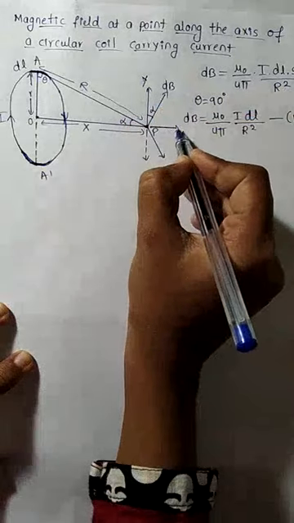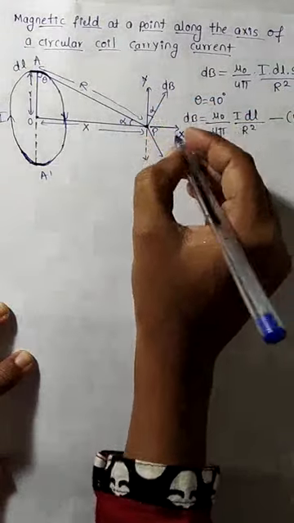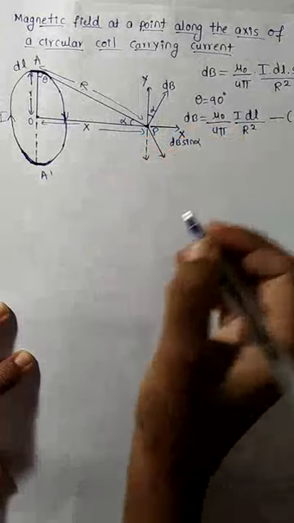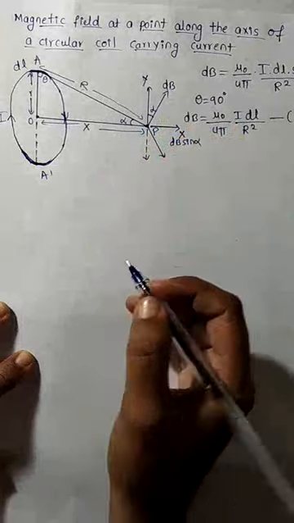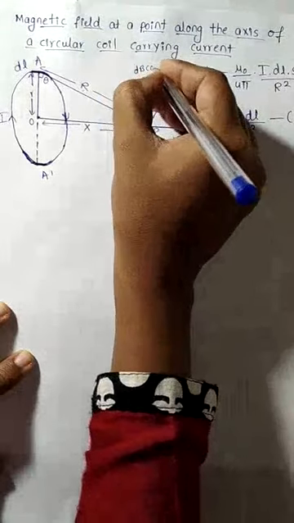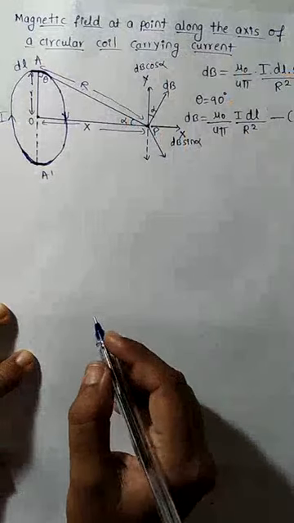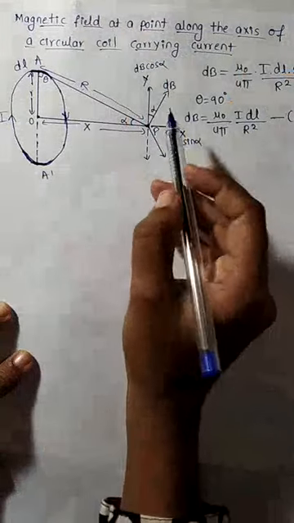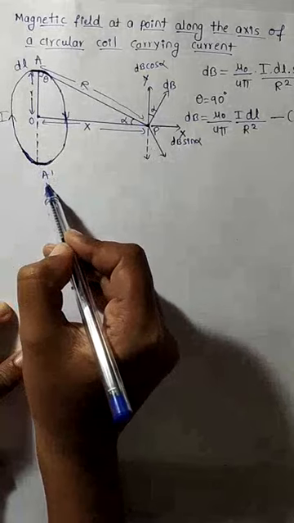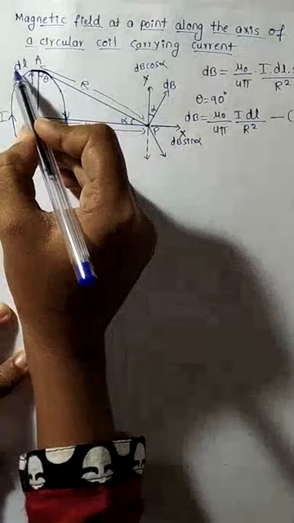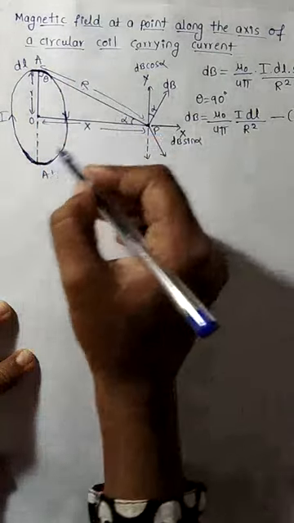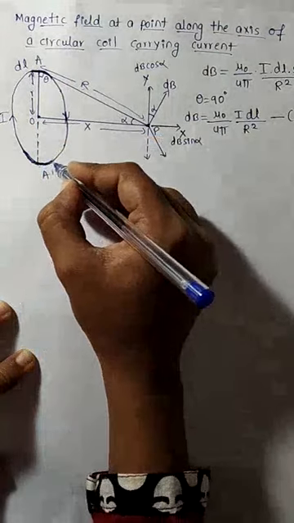Along the x axis, its value becomes dB sin alpha. And along the y-axis, its value becomes dB cos alpha. That is dB cos alpha we got. Now the same thing I will apply for this current element A dash, having length dl.